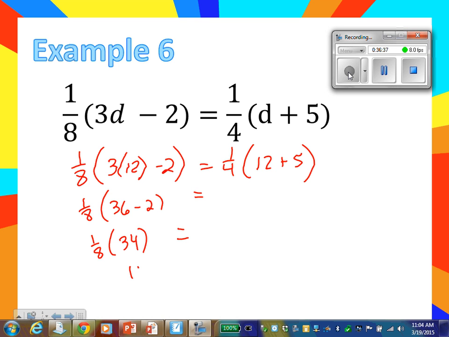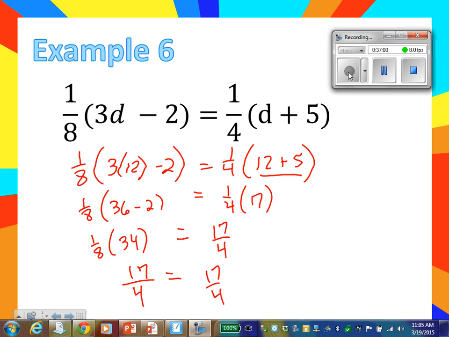How about 17 over 2? 17 over 4? 17 over 4. Okay, I do agree. 34 over 8, but reduce 17 over 4. Then work this side, 1/4 times 17, and when you times 1/4 times 17, you get 17 over 4.